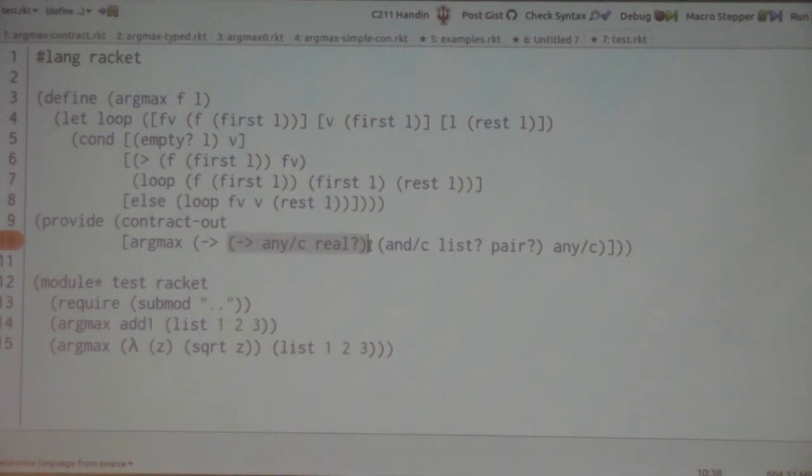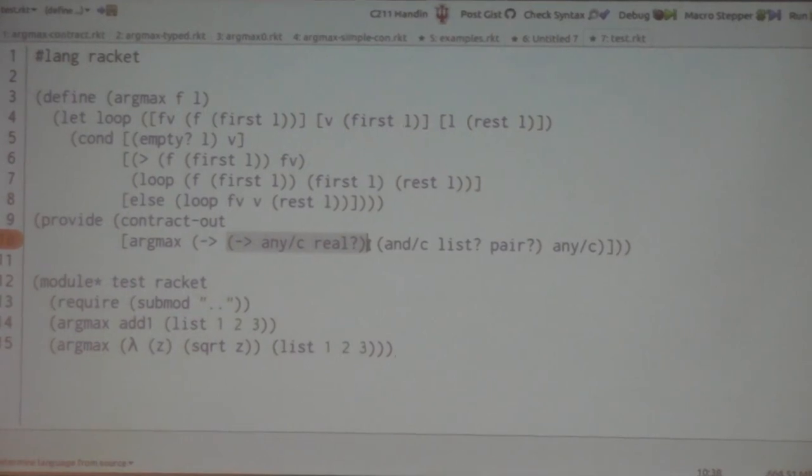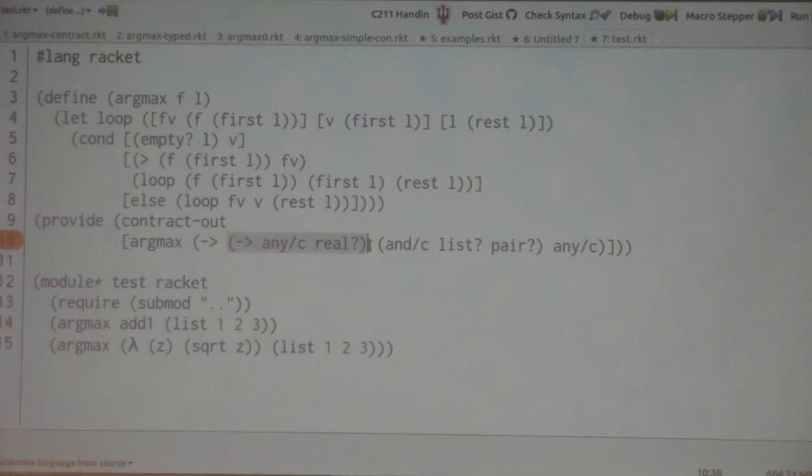What's another way in which this specification is a little problematic for square root? What's the domain of square root? Real numbers, yeah. What did we suggest the domain of this function was? Anything at all. But the set of anything at all is bigger than the set of real numbers. And therefore, we've put a much too weak specification on this.